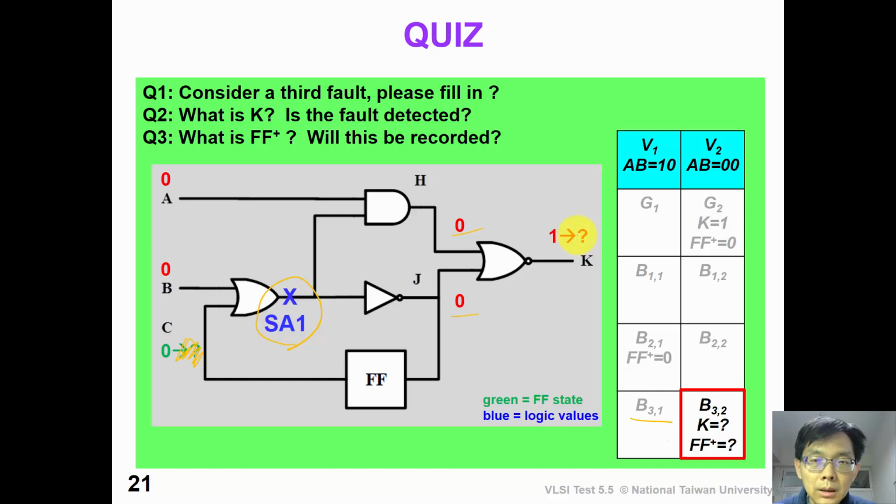And K is still 1, so there is no change in K. Since K is the same value as the good circuit, the fault is not detected. Since the future value of the flip-flop is still 0, we will not record any flip-flop change. So this square will remain blank. Have you got it correctly?